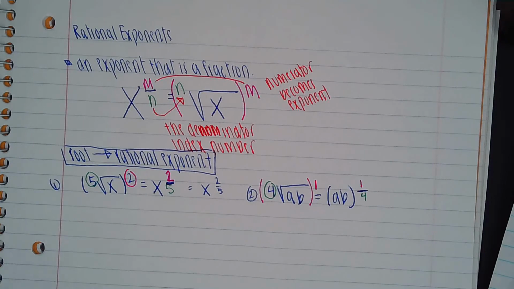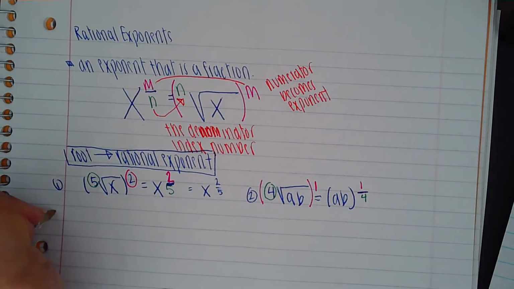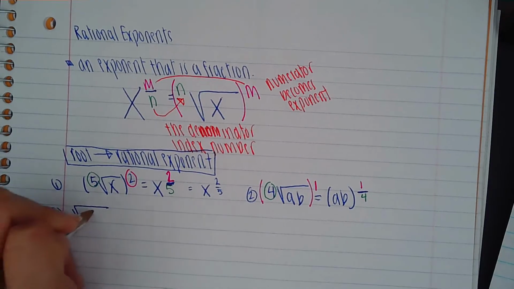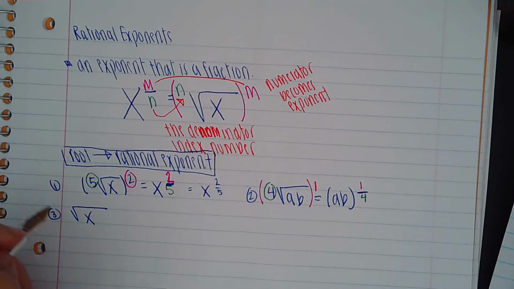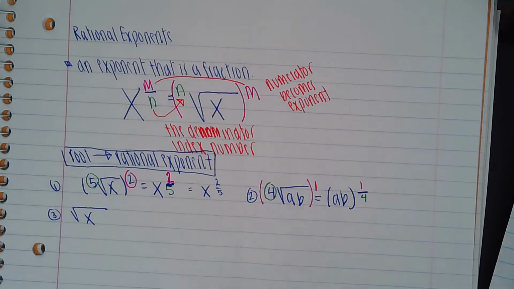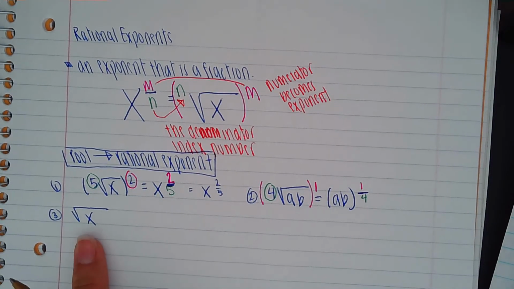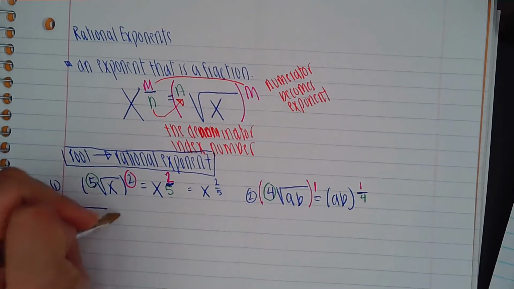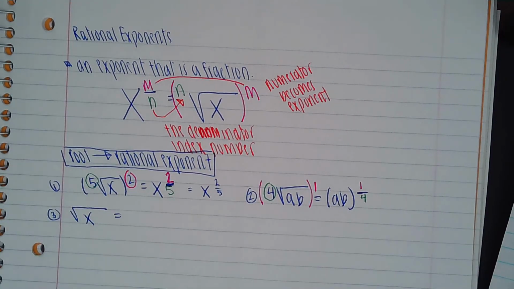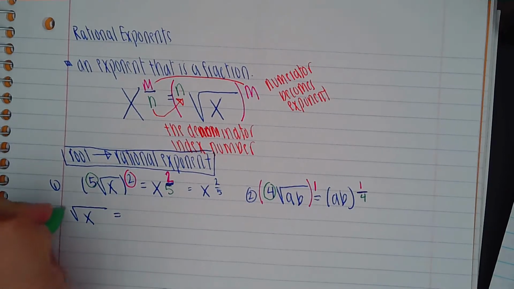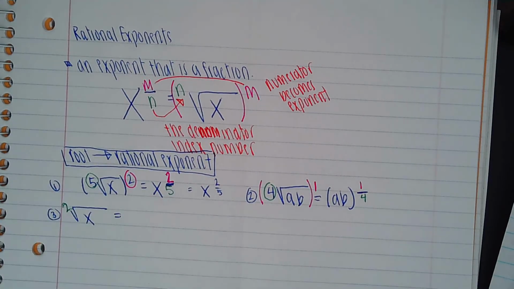Okay, now this one, number 3. Let's say we have the square root of x. Okay, this is super, super important. So the square root of x. Well, whenever you aren't given a number right here, you just need to assume that it's 2.